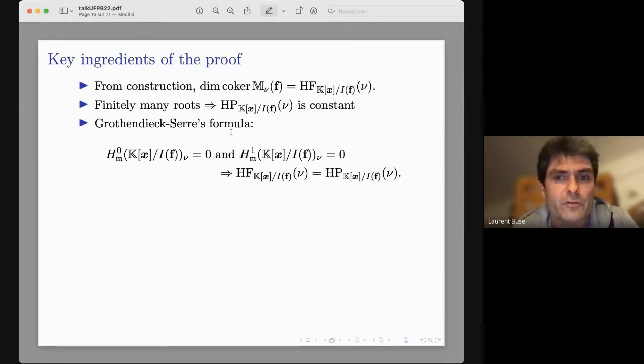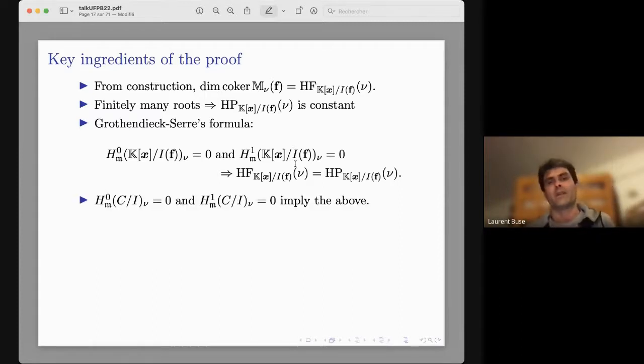We have a famous formula that gives you the following: in this case, if you prove that the local cohomology of this quotient ring in degree nu, in degree 0 and 1, are equal to 0, then this implies exactly what you want, that the Hilbert function stabilizes to the Hilbert polynomial. So to prove our results, we only have to prove the vanishing of these two local cohomology modules.